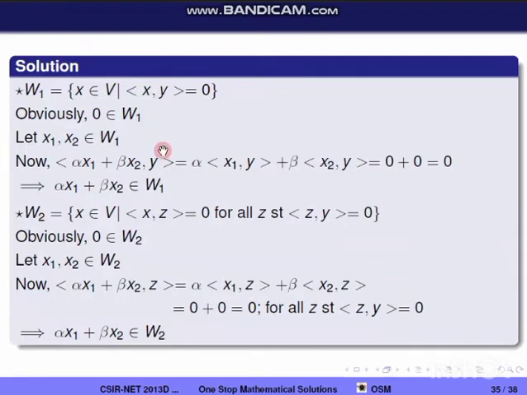First option, W1 is equal to the set of all X belongs to V such that inner product of X comma Y is equal to 0. Obviously 0 belongs to W1 because inner product with 0 is always 0. Now let x1, x2 belong to W1. We have to show alpha x1 plus beta x2 belongs to W1, that is, inner product of (alpha x1 plus beta x2) with y is equal to 0. So consider the inner product of alpha x1 plus beta x2 comma y.